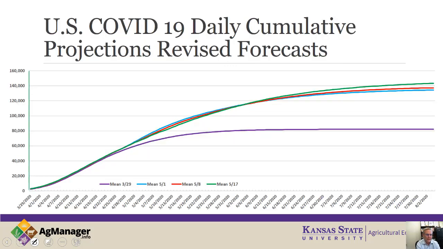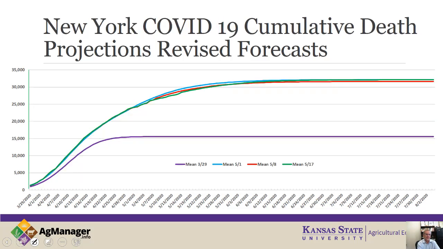And we can take a look at this in terms of the original model was close to 80,000. And if you look at the 5.1 release, it was in excess of 130,000. The 5.8 was a little bit higher. And then the most recent model, which was released yesterday, is now over 140,000.